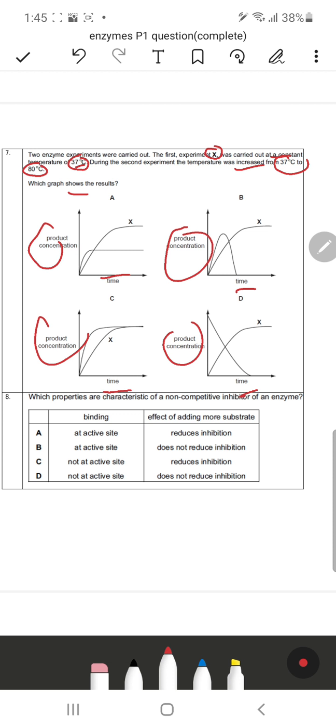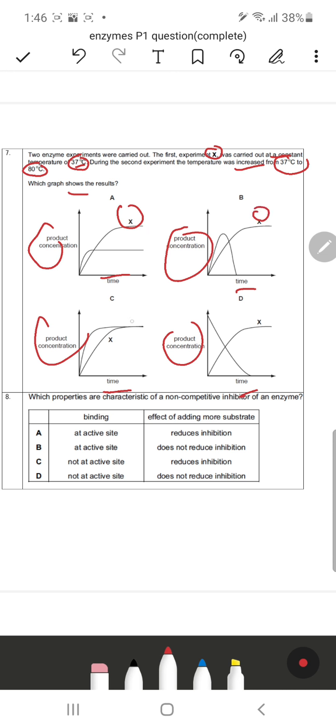Anyways, so 2 enzymes. The first experiment X was carried out at a constant temperature. Whenever we carry out an experiment at constant temperature, the product will be formed at a faster rate.